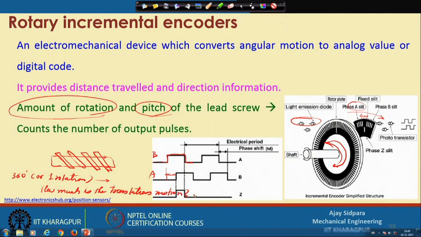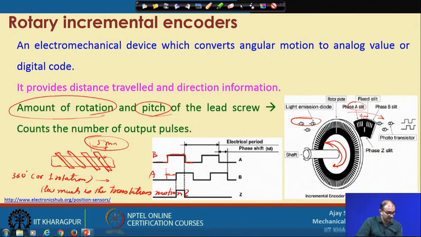That is the pitch. So, if you are rotating one full rotation, we know the pitch of the lead screw. Suppose it is 5 mm, then for one rotation you will move 5 millimeters in translation motion.